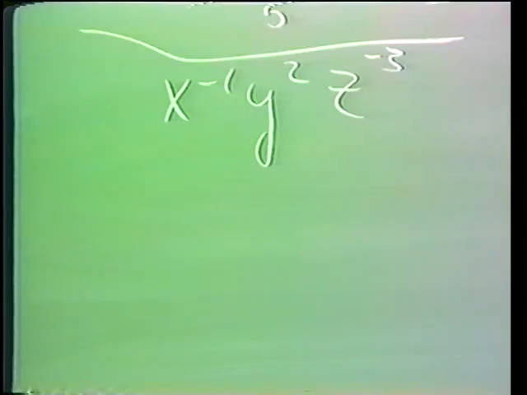Jan, what'd you get? Y squared over x times z to the 3rd. Sure. That's it.